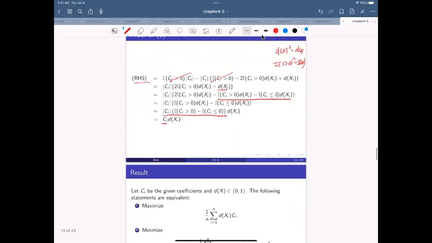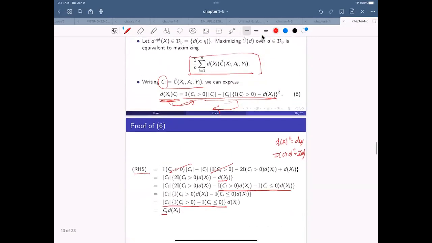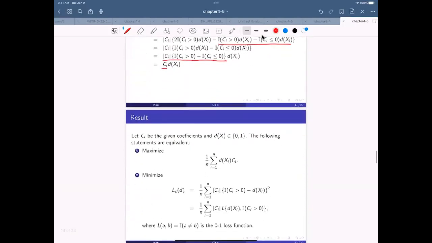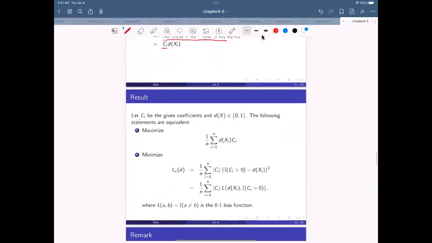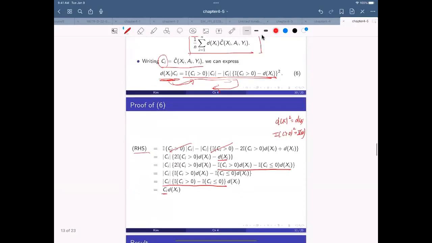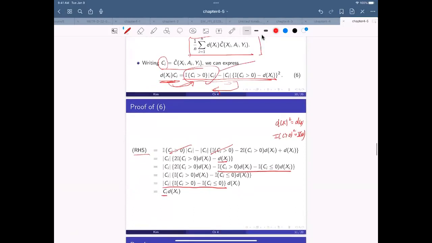So that's kind of simple algebra, but at the end of the day, what we showed eventually is this result. Given Ci, we are interested in finding Di that maximizes this, right? So that was the original problem, but we can reformulate it as this problem because the first term is constant with respect to D. It's free of D, right?